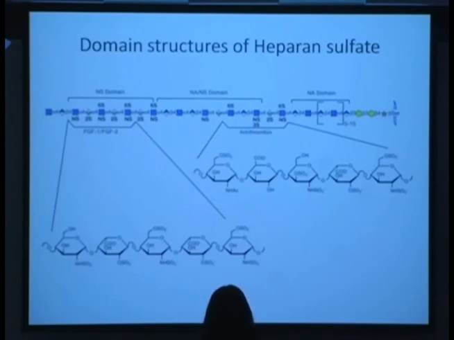Later we focused on FGF1 drug design. I worked with disaccharides and small molecules, with one of the collaborators there.